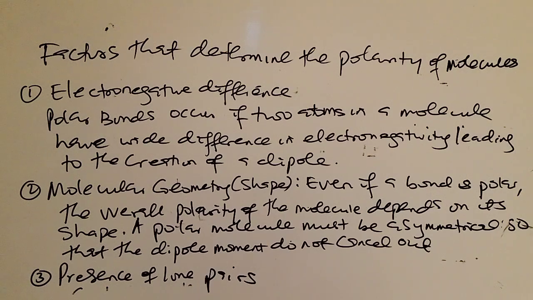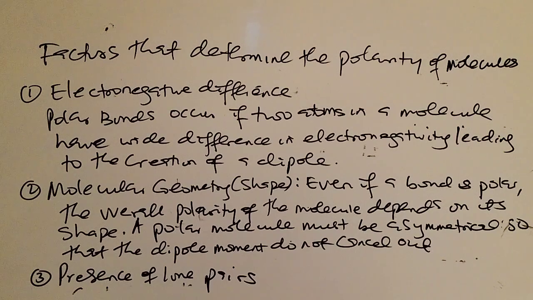Even if a molecule has a large difference in electronegativity of bonded atoms, the polar dipole moments should not cancel themselves. If they cancel themselves, that means the molecule is symmetrical and cannot be polar.